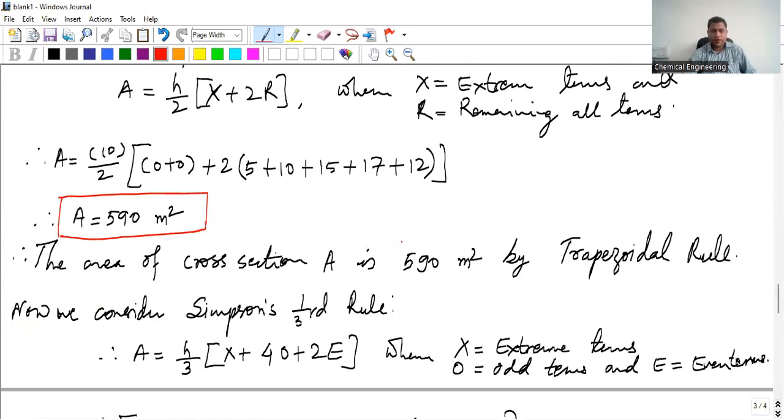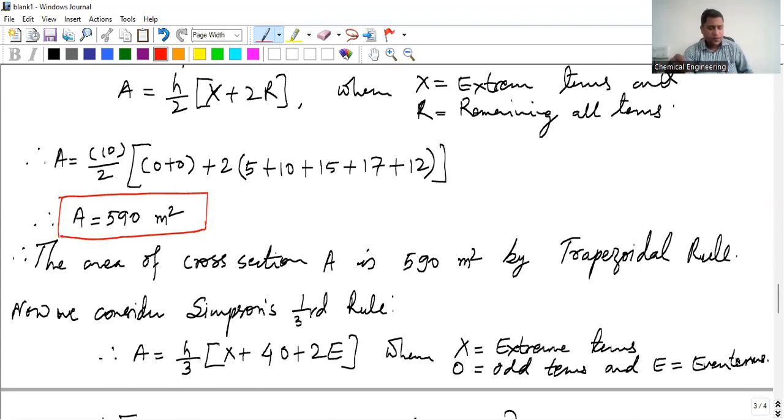So this way we can see that as we go for more refinement of intervals, we are able to get better results.